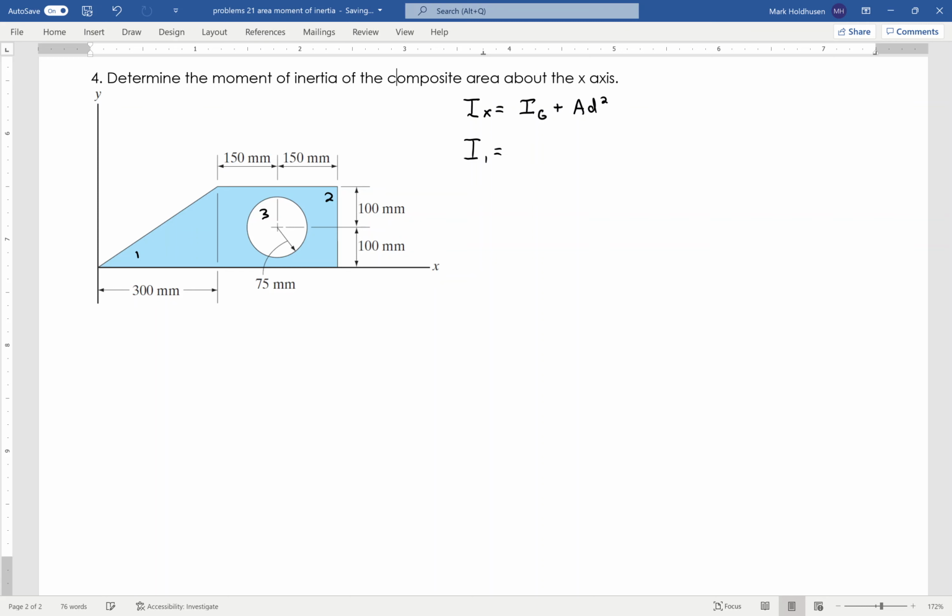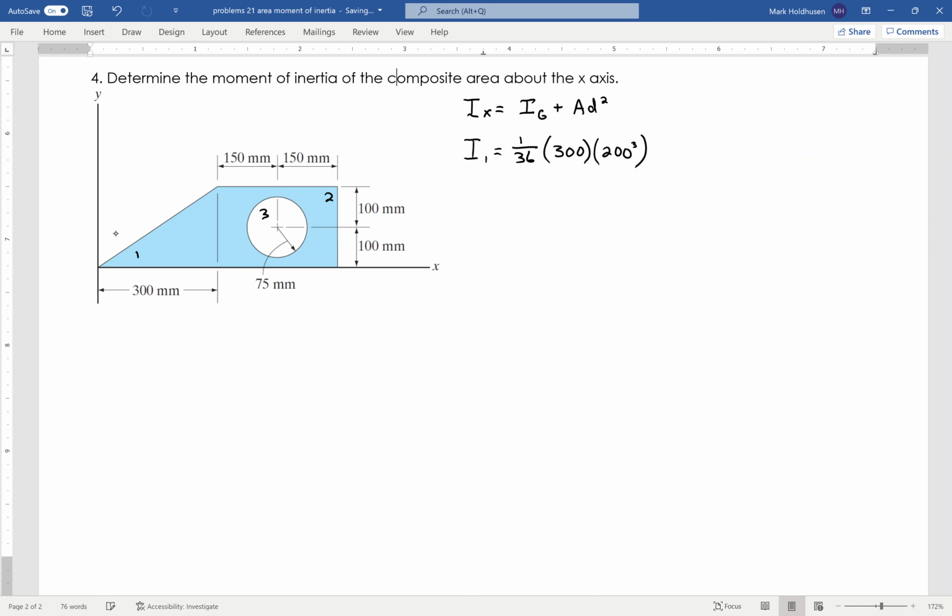Okay. For a triangle, I look up in the back of the book, and the moment of inertia of a triangle about its centroidal axis is 1/36, excuse me, base times height cubed. Base, which is 300, and my height is 200 cubed.